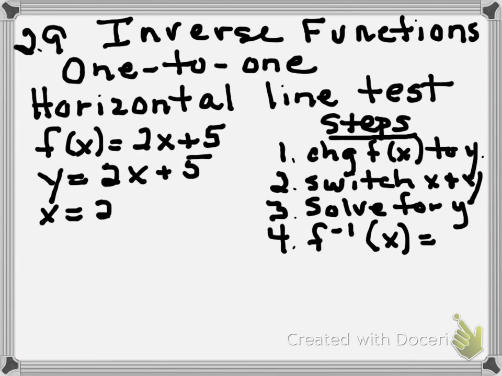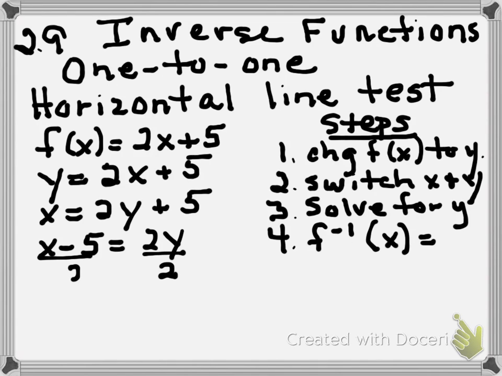So step 1, f of x becomes y is equal to 2x plus 5, and then switch x and y. So x is equal to 2y plus 5. Step 3, solve for y. So I'm going to subtract 5, and I'm going to divide by 2.